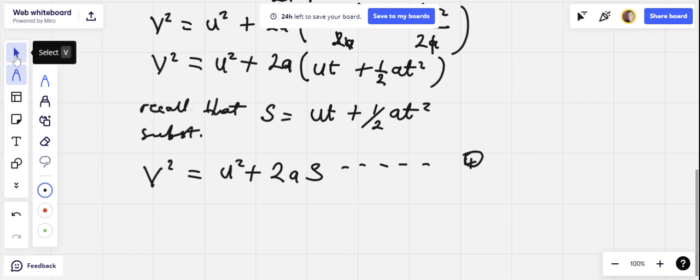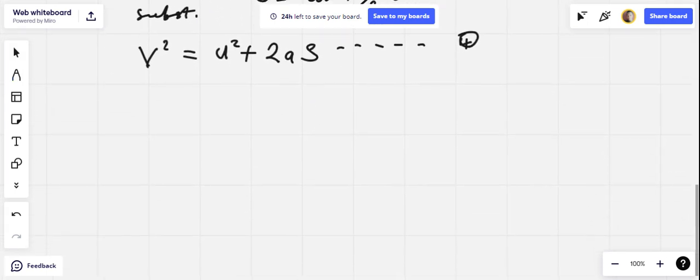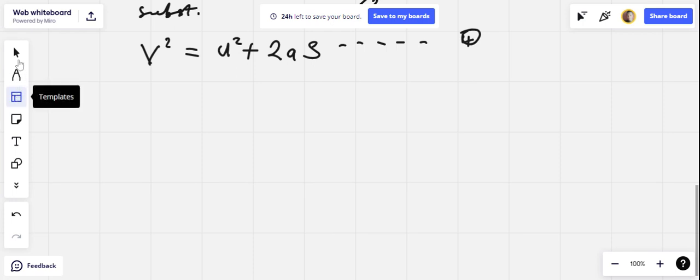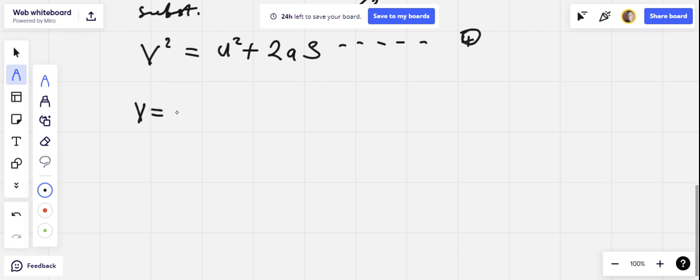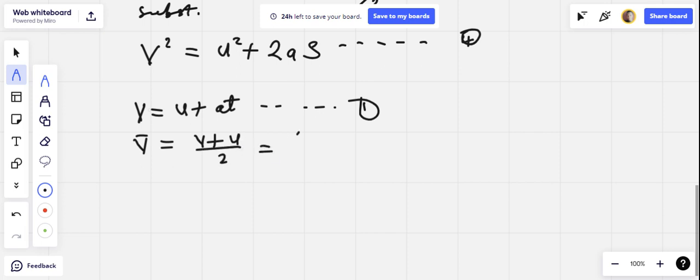So now, to round up everything, let's list out the equations that we've derived so far. The first one is v equals u plus at. Now the second one is average velocity equals final plus initial over 2, which is the same thing as displacement over time.